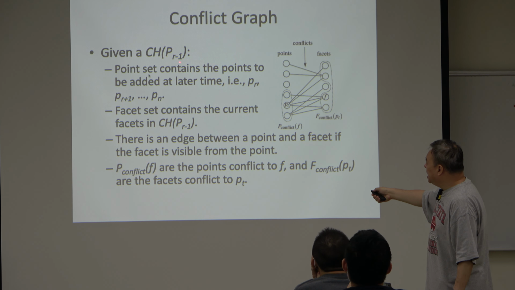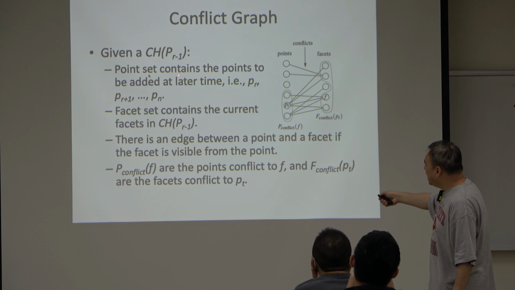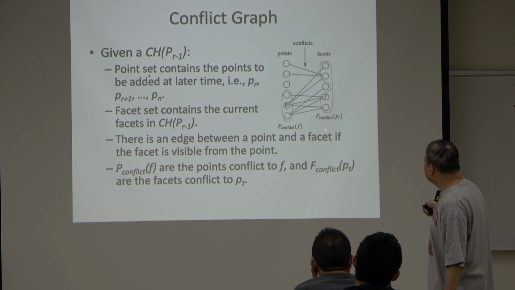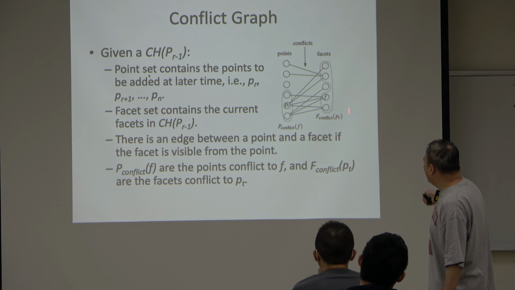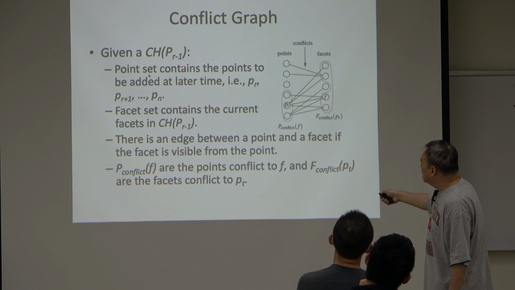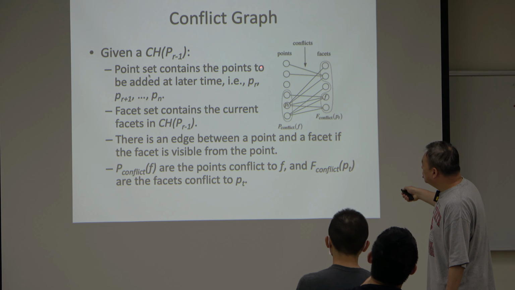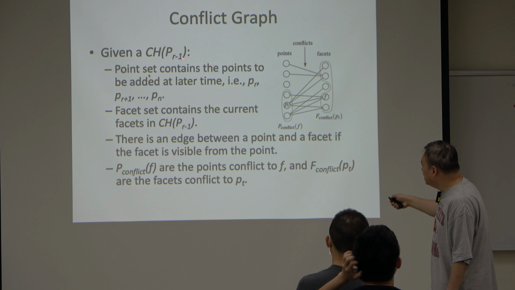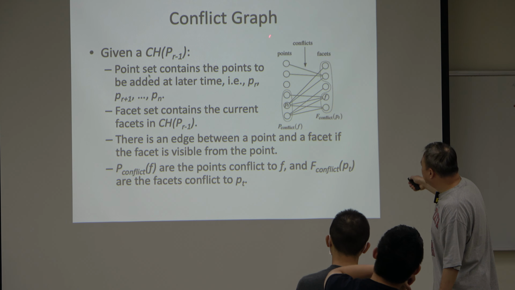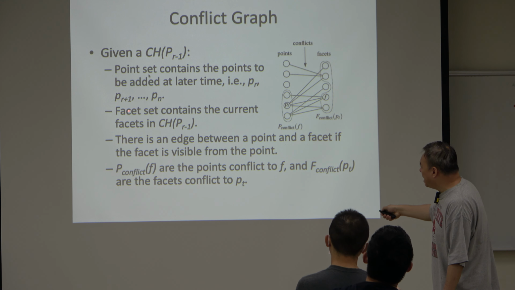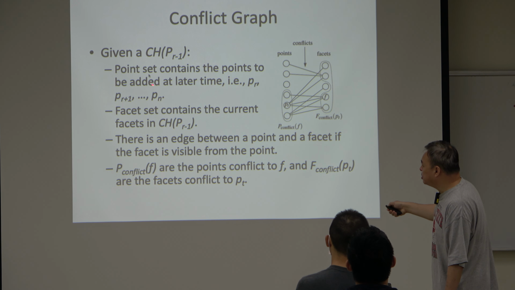And this part is the point set. The point set contains the points to be added at a later time, which include PR, PR plus 1, PR plus 2, and so on, to Pn.